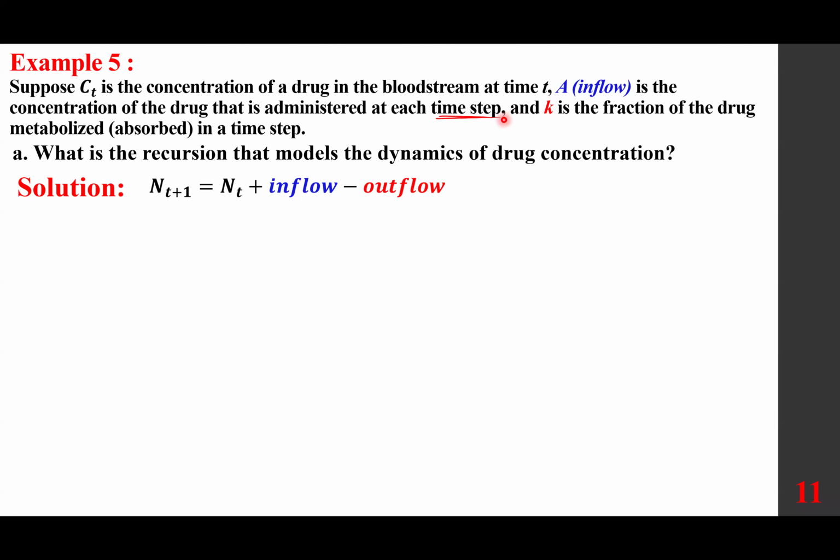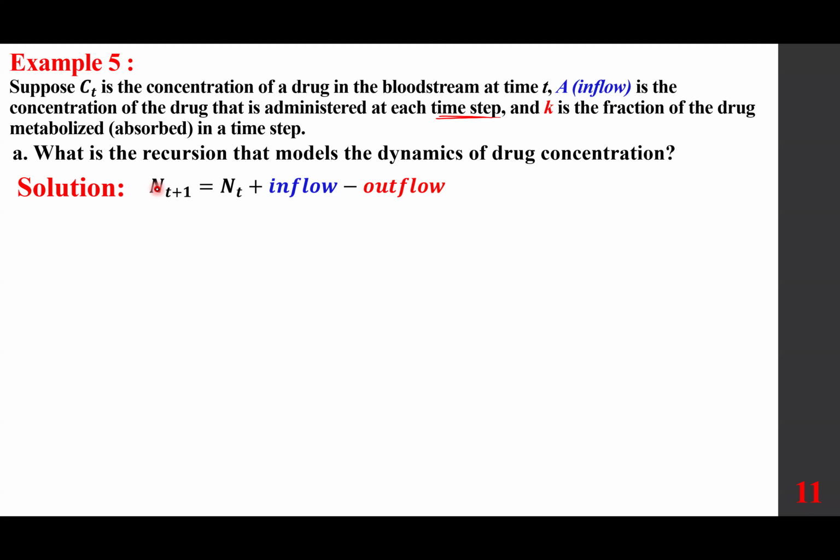But by the time that the time step comes, some of it goes away, is absorbed, is gone. Okay? So any new amount is the old amount, whatever we had, plus what we are adding, minus what is gone. And so, of course, this is C of t. I'm going to change the n to C. Okay, that's the first thing I want to do.